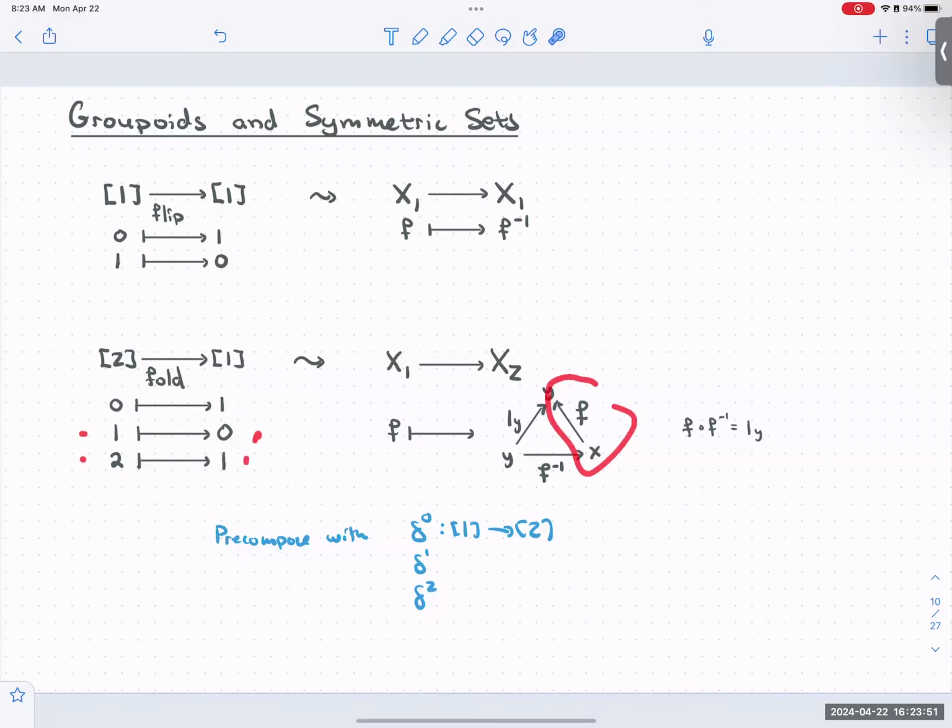That's why I have an F here. And if I precompose with delta 1, which skips 1, then I get 0 goes to 1, and 1 goes to 1. And that's why I have an identity here. So this fold 2 simplex is sort of representing that F inverse actually is an inverse. At least in this case, it's a right inverse, but you can do the same thing to see it's a left inverse.